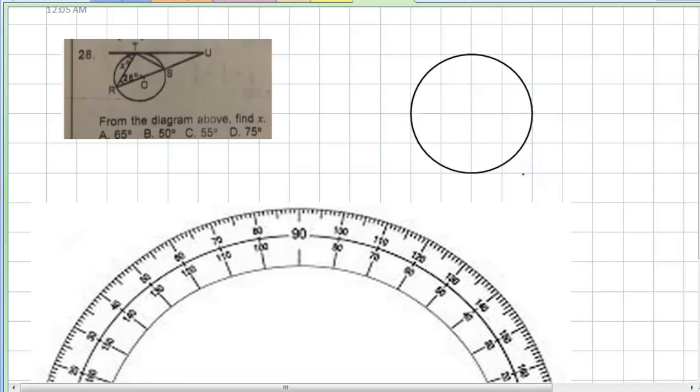Then I want you to notice that, and let me draw a quick line going through it, if I have 2 lines meeting at any point along this edge of the circle, those 2 lines will form a 90-degree angle.